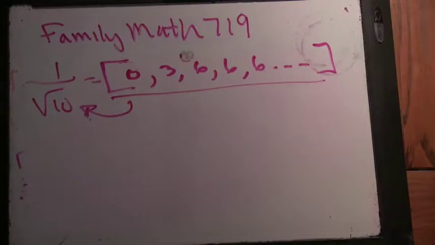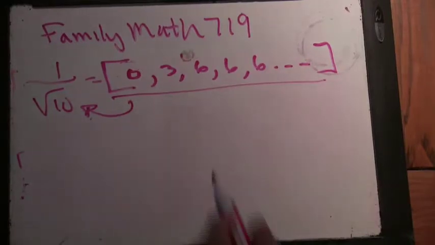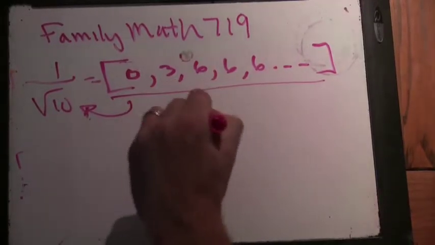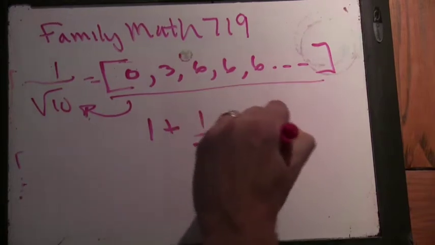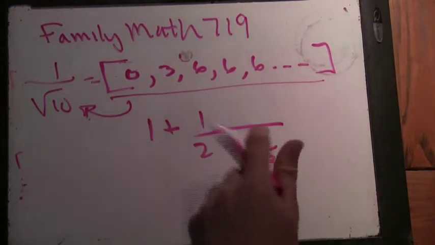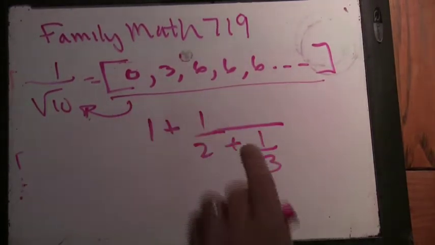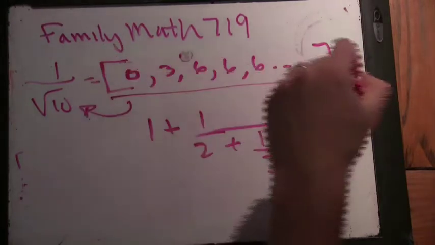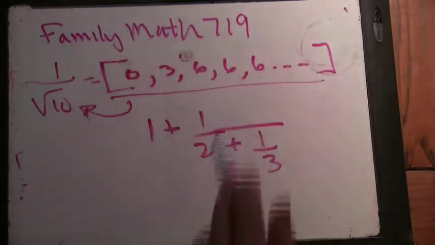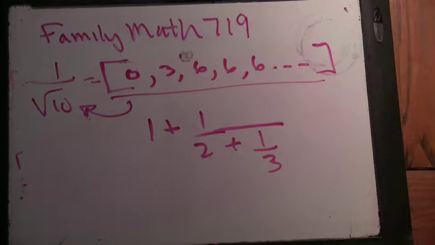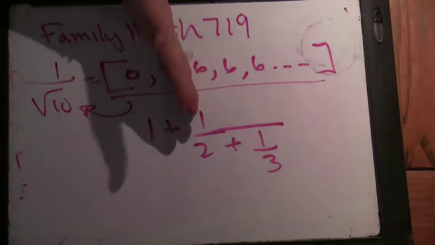Right, so that's a great observation. If we had a finite fraction, like 1 plus 1 over 2 plus 1 over 3, we could just start rationalizing and work our way from the bottom back up to the top. So we need to figure out some way to turn this expression into something finite. And where do you think the easy part is? It's probably right there.